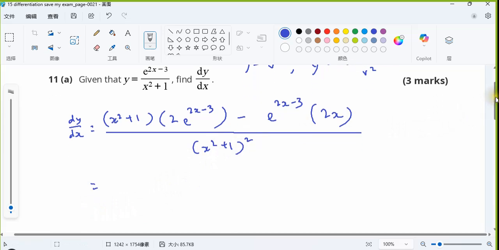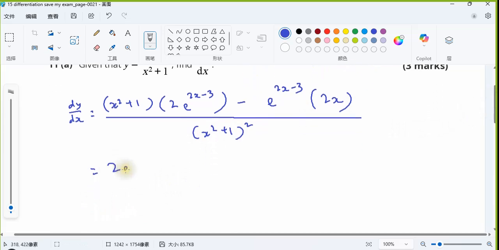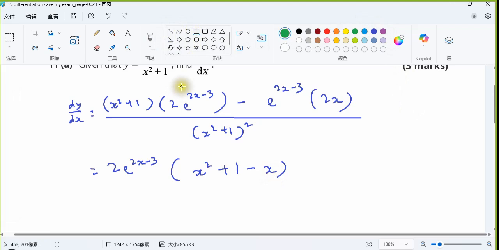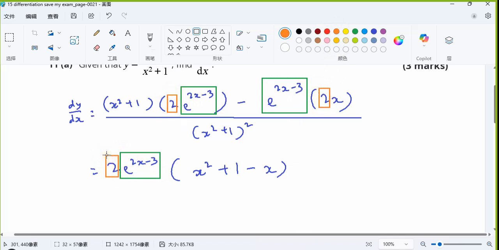So we will have the 2e to the 2x minus 3 we factorize, then we have the x squared plus 1 minus 1 minus x. Okay, we factorize 2 and the e to the 2x minus 3. So we factorize this and then we factorize the 2 here.